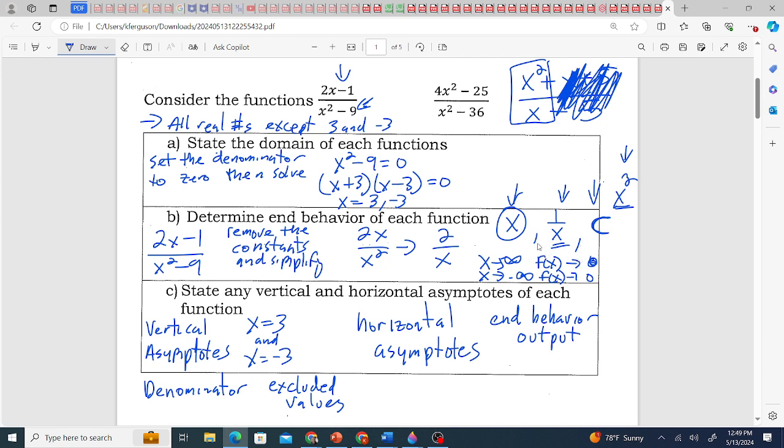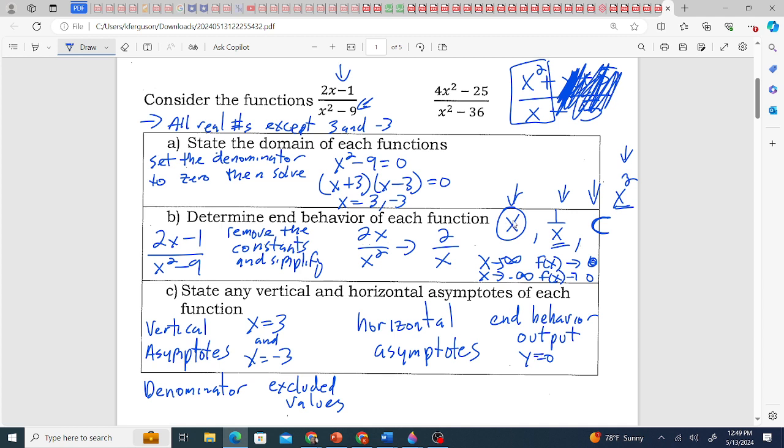Like if my end behavior was as x approaches infinity, f of x approaches 4, then my horizontal asymptote would be y equals 4. If this problem has a behavior that as x approaches infinity, f of x approaches 0, and as x approaches negative infinity, f of x approaches 0, then y equals 0 would be my horizontal asymptote.